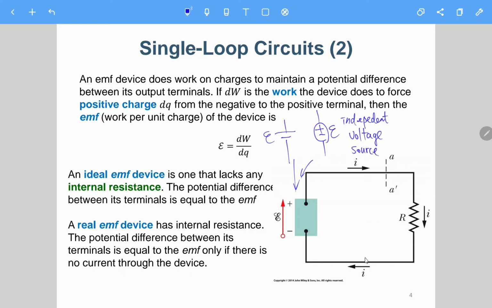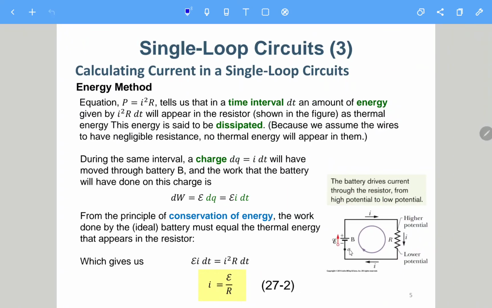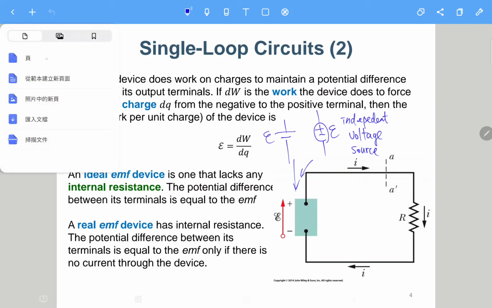So if we try to draw, this is the ideal EMF, which means there is no internal resistance. Let us denote this potential difference V, and this is the current going through it.